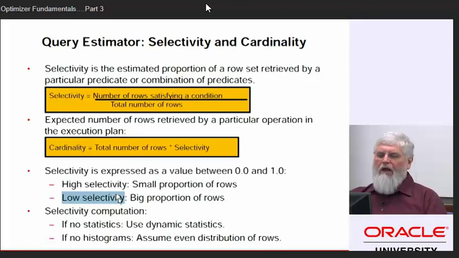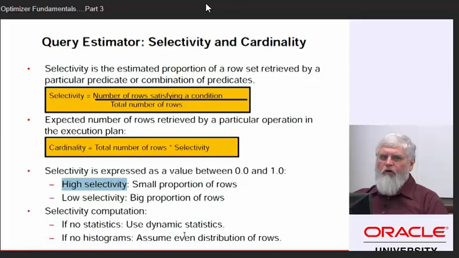And how do we get selectivity if we don't have an exact computation? If there are no statistics and you create a new database, dynamic sampling at parse time, as an optimizer feature, is turned on automatically for the database. It will use dynamic sampling.